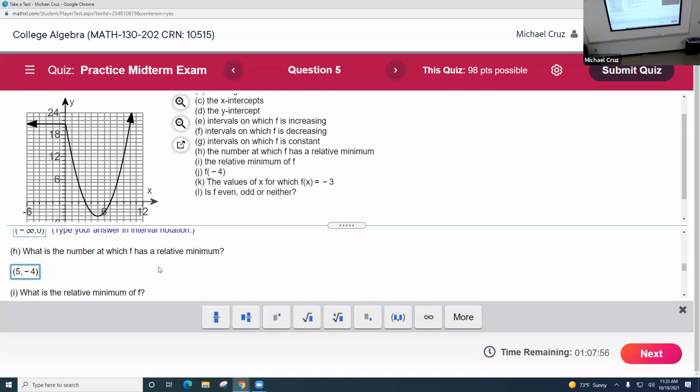Oh, wait a minute. They're asking what is the number at which f has a negative minimum.